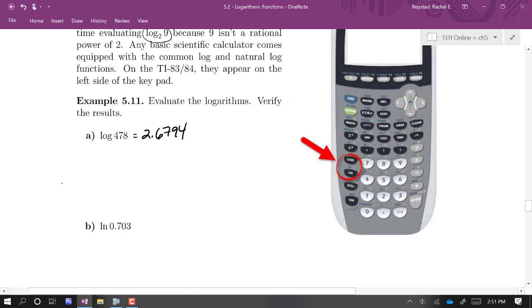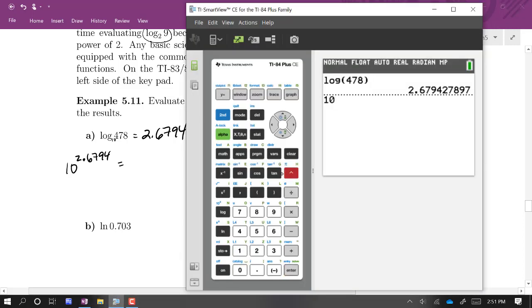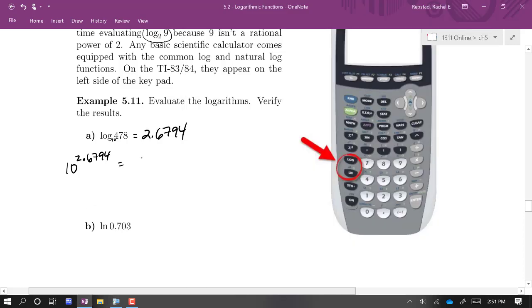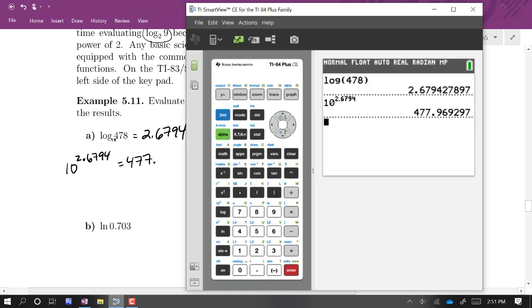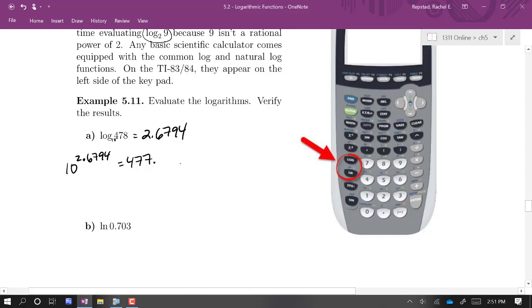This is the log base 10, so if I wanted to verify, that means if I take 10 and raise it to the 2.6794, that should give me something very close to 478. I get 477.97. So really quite close there.